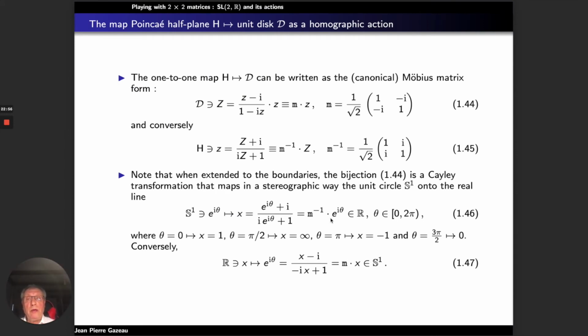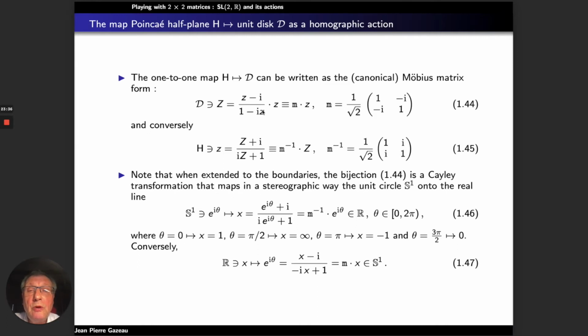So now when we go from the half plane to the unit disk, we can consider, in the case, for instance, of the canonical Möbius transformation, precisely like we did for homographic action, this transformation as the homographic action of this matrix on Z. Okay?